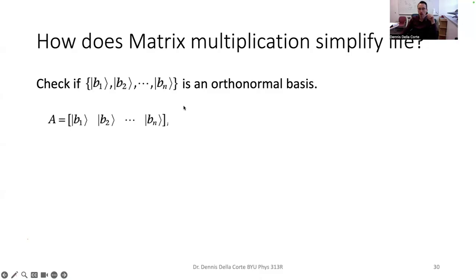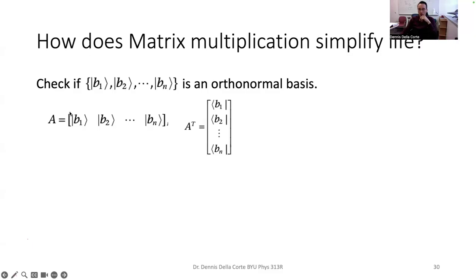You want to find out if each of these elements in here multiplied by itself, so the bracket product of itself, will be 1, and the bracket product of any vector with any other vector is equal to 0.